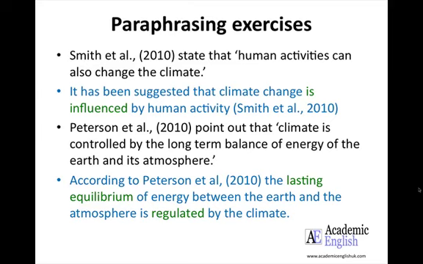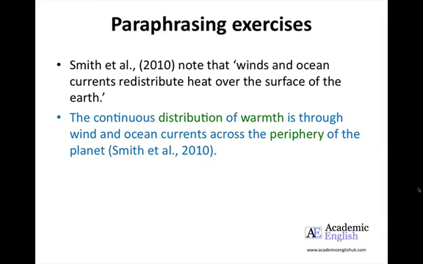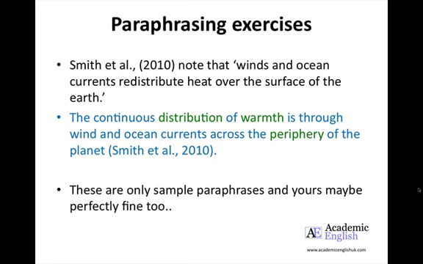According to Peterson et al., the lasting equilibrium of energy between the Earth and the atmosphere is regulated by the climate. Smith et al. note that winds and ocean currents redistribute heat over the surface of the Earth. The continuous distribution of warmth is through the wind and the ocean currents across the periphery of the planet. Okay, these are only sample paraphrases and yours may be perfectly fine too.